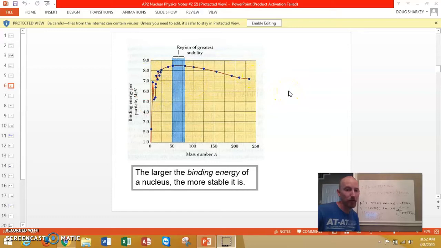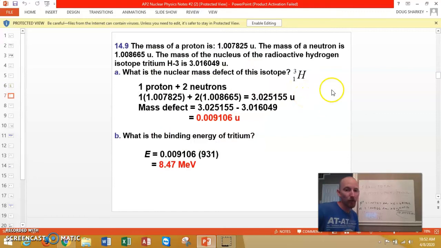The larger the binding energy is, the more stable things are, and this is why we end up using certain nuclei for nuclear reactors or weapons and things like this. In these notes I have more examples, and I urge you to go look at them. These are examples of this principle.